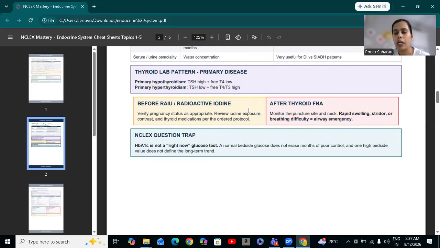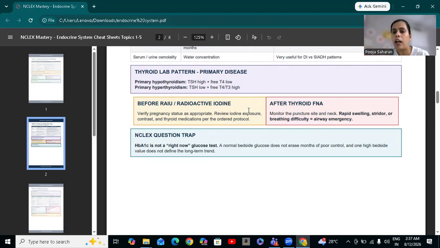So in this, we are introducing a contrast iodine exposure, and we are just evaluating the person accordingly. Yes. And what is the post procedure watch? The most important thing is you need to give more and more water so that after the procedure the person will excrete out the radioactive thing.